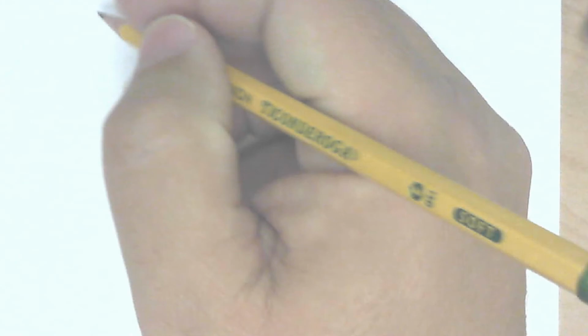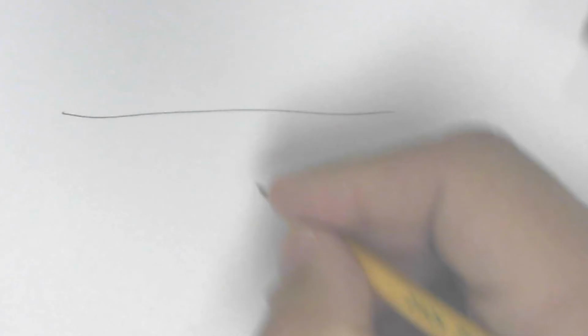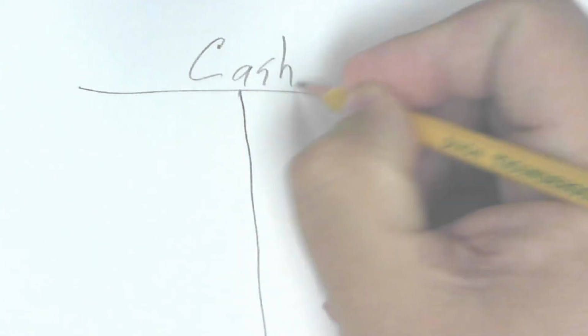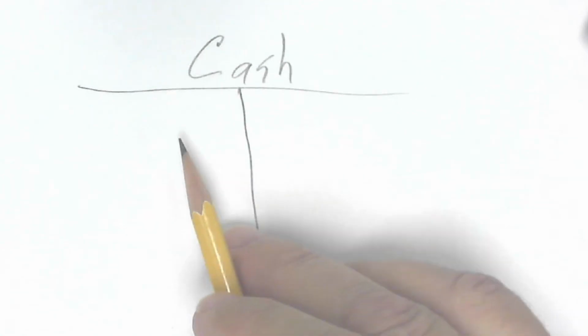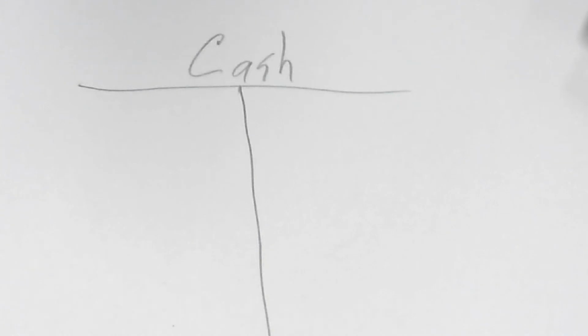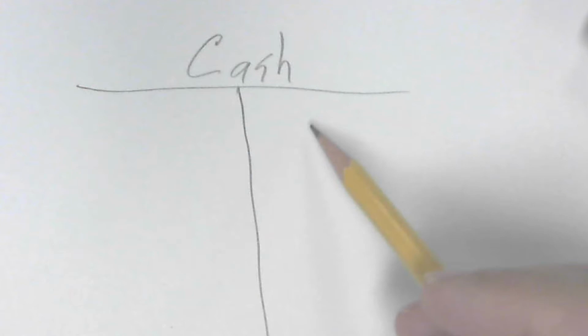So we'll go ahead and make our chart. So this is cash. So we got our T-chart.